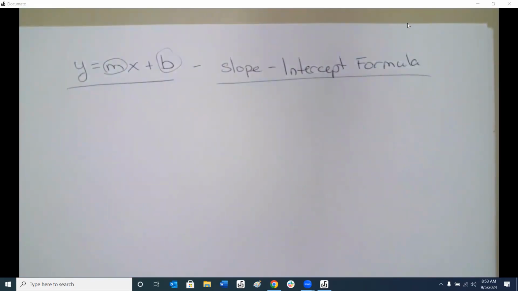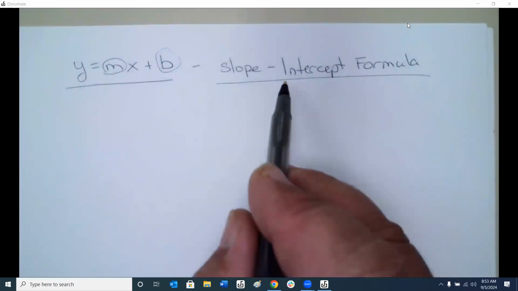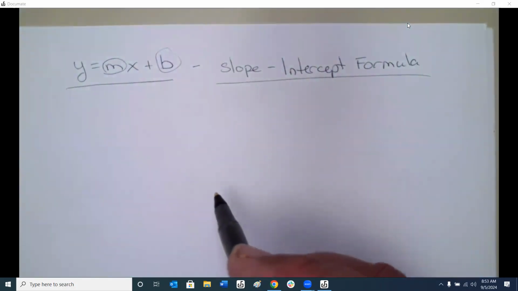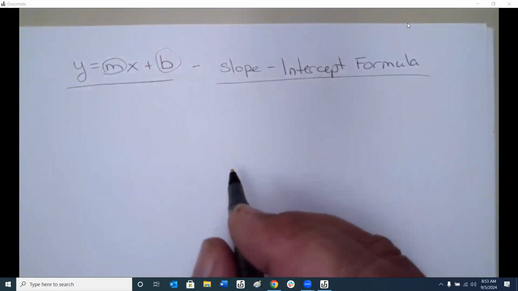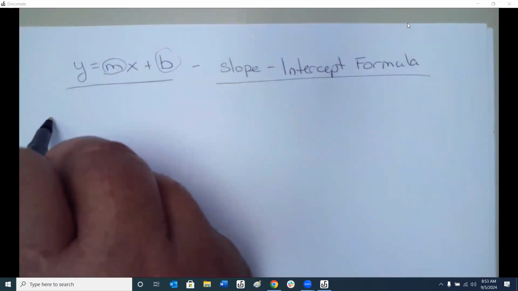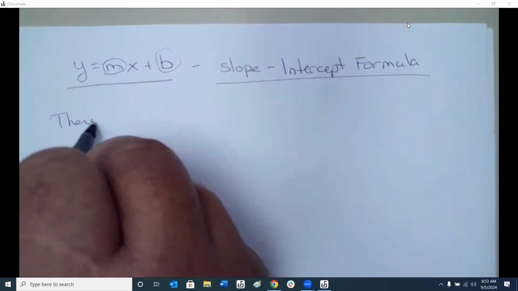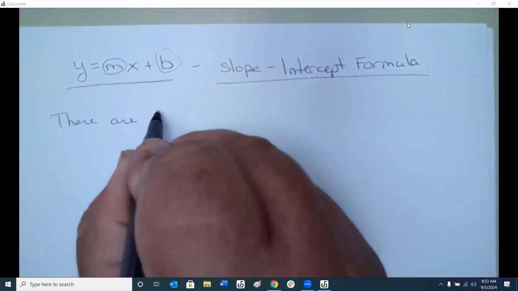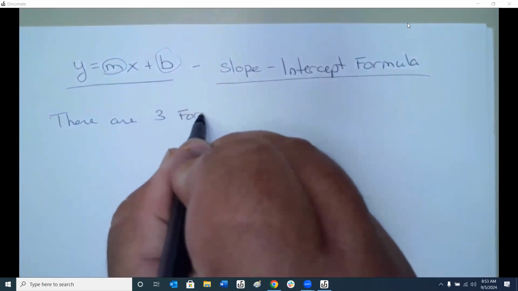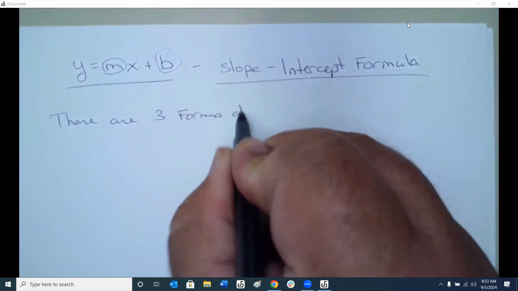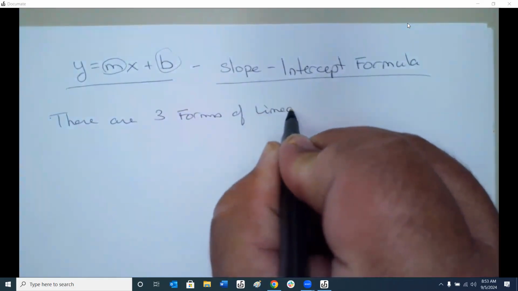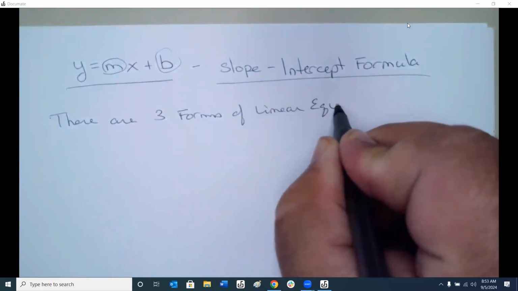Actually, there are three standard forms of linear equations. This one is called the slope intercept form. But let's go back to where it began. Three forms of linear equations.